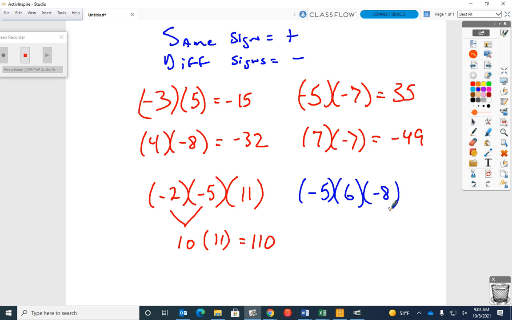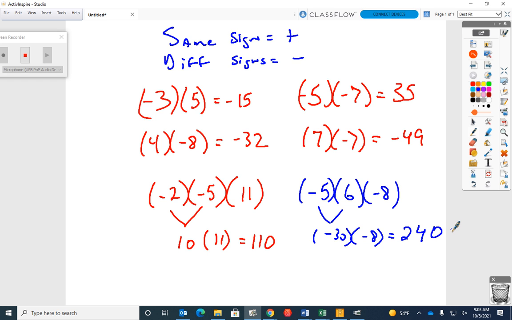Okay. Luke, help me out. Negative 5 times 6. Negative 30 times negative 8. Negative times a negative is going to give me a what? Positive what? 240. Good. How many of us understand multiplication? It's not that difficult, is it?